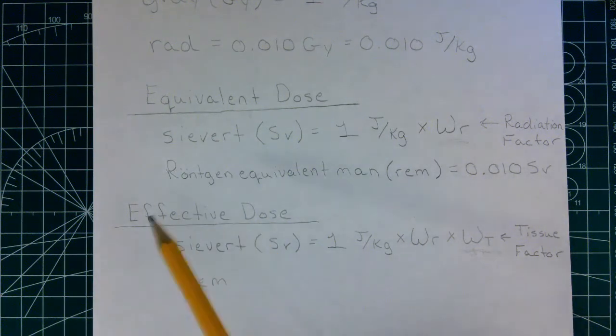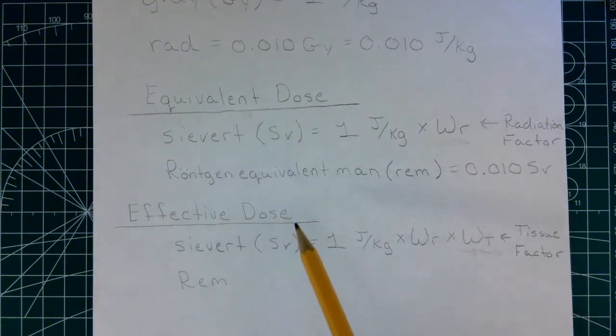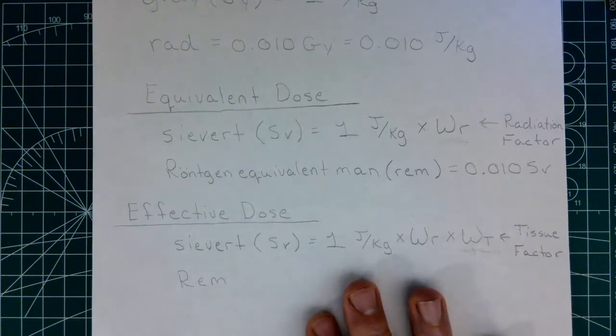And we actually work backwards with the effective dose as well. We try and figure out what is the minimum dose that is going to be effective at destroying a specific type of tissue, if we're looking to do that with, say, like cancer medications and stuff like that, radiation therapy.